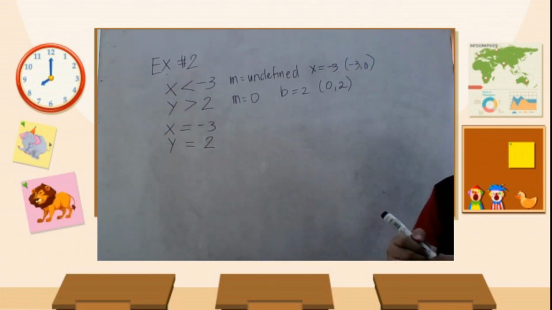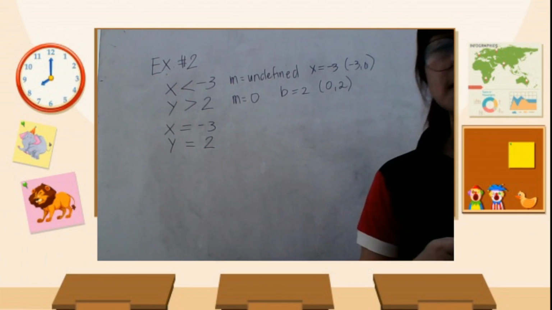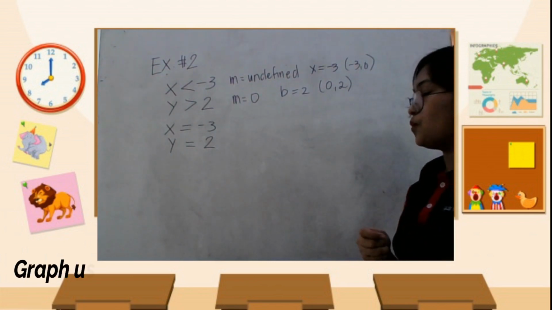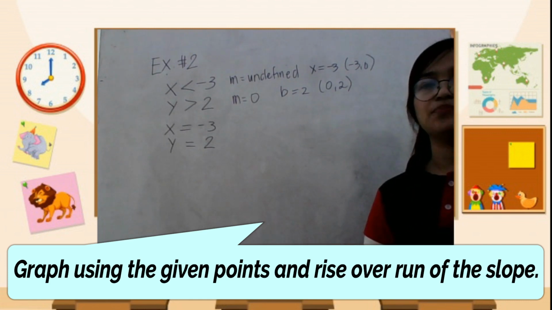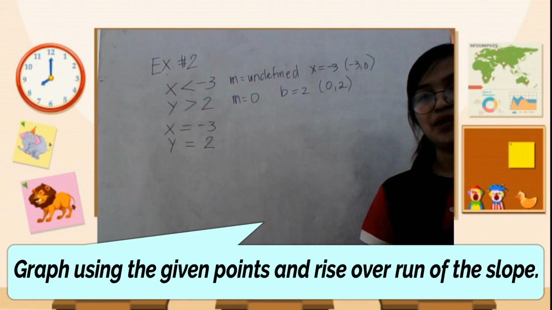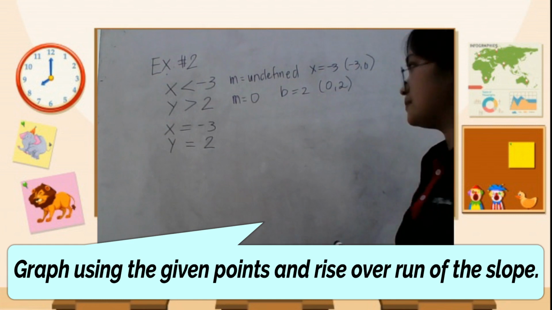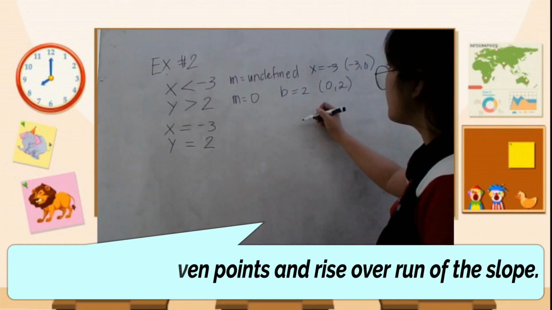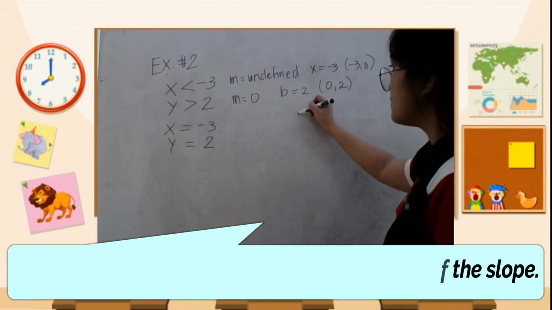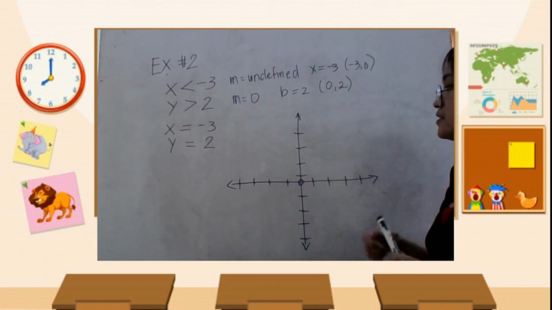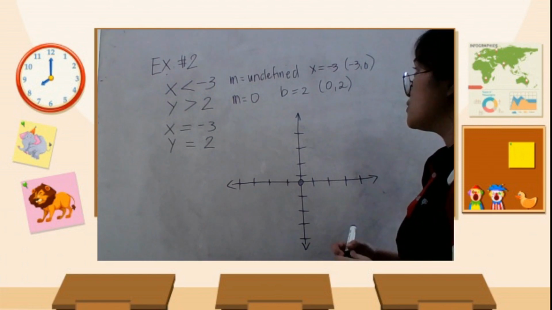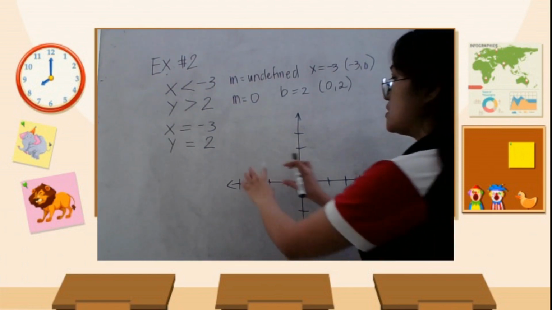Okay? Next step is to graph using the slope and the y-intercept or the x-intercept. So we need to graph them in one Cartesian plane or one coordinate plane. Okay, so ang unahin natin ay negative 3 and 0. So we have, since siya ay x-intercept, so nandito sa ating x-axis.